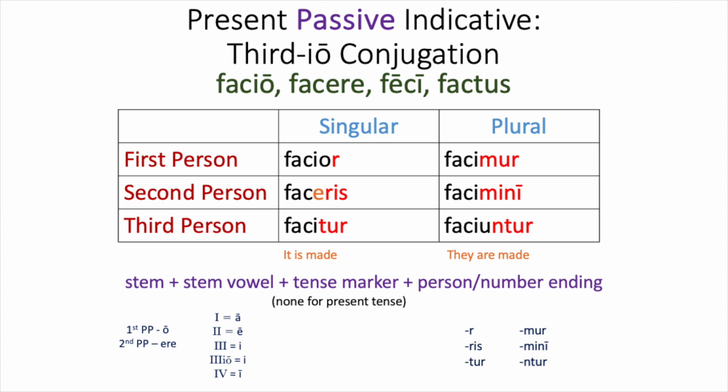Then the short I is what you use for other persons and numbers. So it's faceris, you are made; facitur, the I sticks around for third person singular; facimur, we are made; facimini, y'all are made. And then in the third person plural, we have that I before the U in faciuntur, they are made. Make sure you copy these down before we continue to the fourth conjugation.